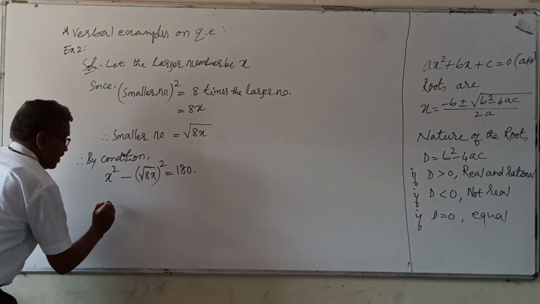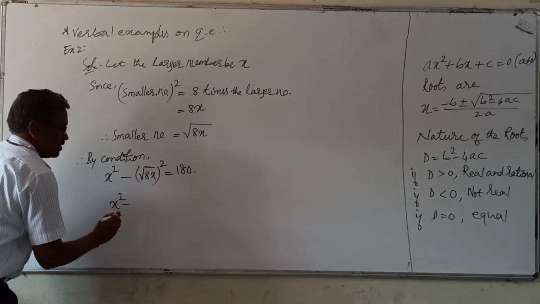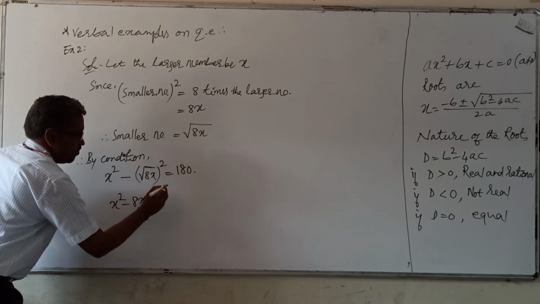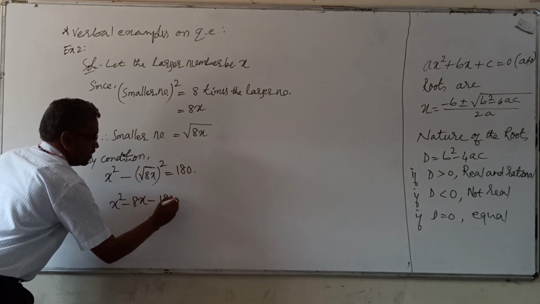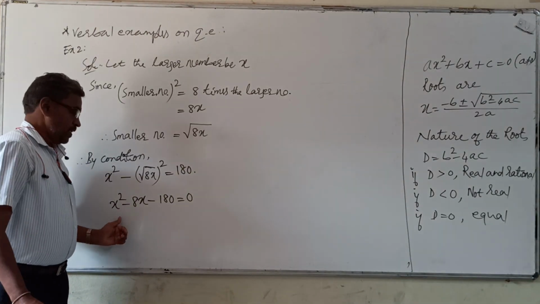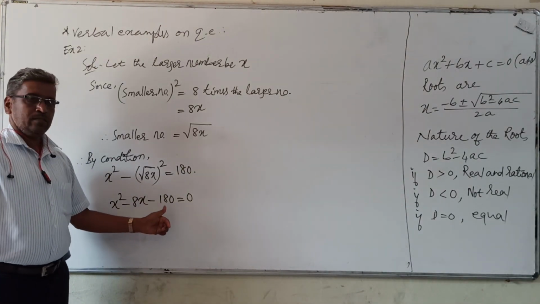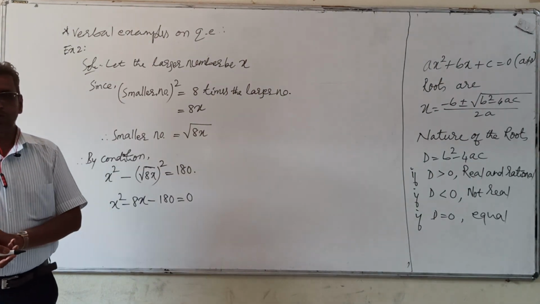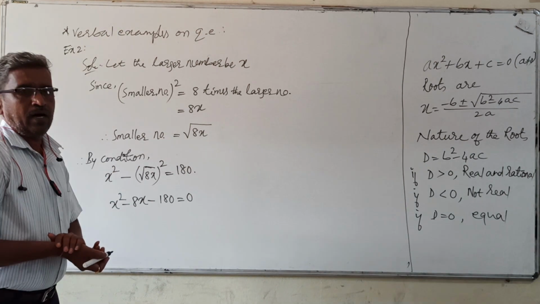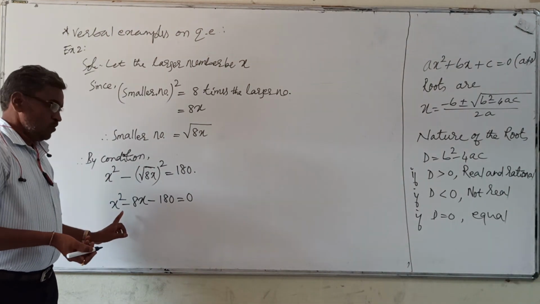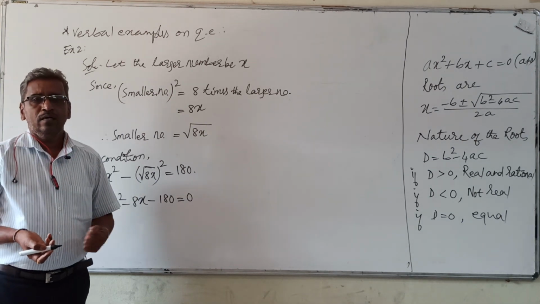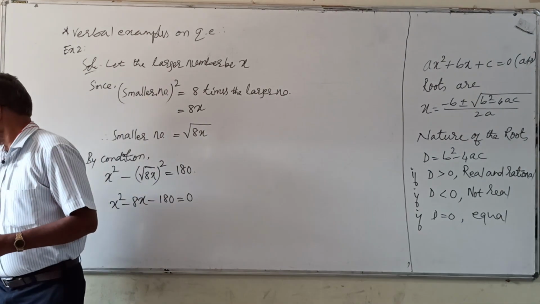So simplify. x square as it is, minus 8x minus 180 equal to 0. Standard form: ax square plus bx plus c equal to 0. This is the standard form. Then we can apply the factorization method, formula method, or maybe the completing the square method.